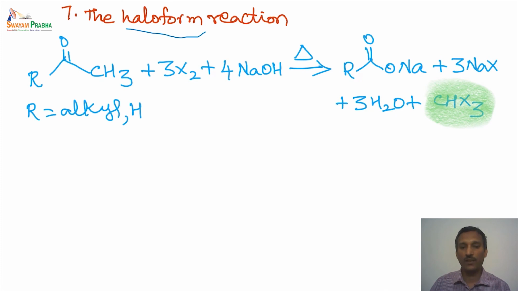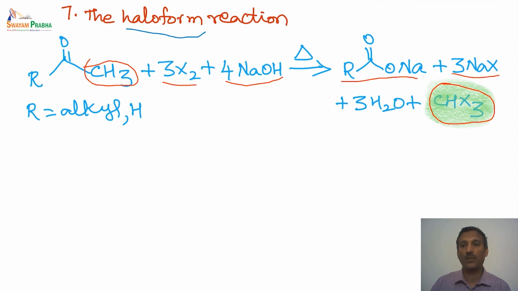So in this reaction, basically a ketone with a methyl group. If R is an alkyl group, it is a ketone. If R is hydrogen, it is an aldehyde. So either acetaldehyde or acetyl ketones, when reacted with the halogen in the presence of a base, preferably sodium hydroxide, and when you heat it, we end up with a haloform, and correspondingly the sodium salt of the carboxylic acid is also formed in that reaction.